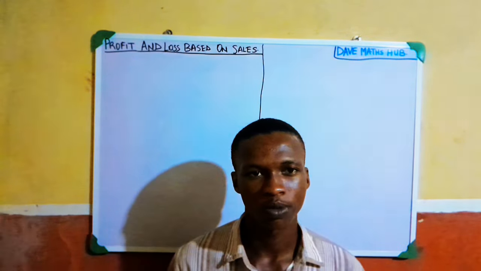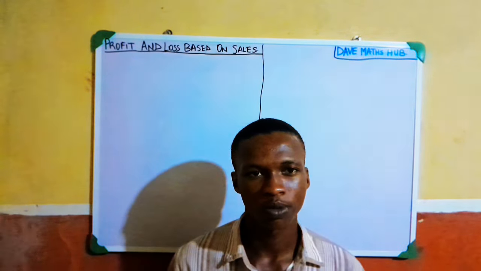We can say cost price 1,200 minus selling price 1,100 over cost price 1,200 times 100 over 1, which equals 100 over 12 times 100 over 1. 0 cancels 0, 0 cancels 0, which equals 100 over 12.